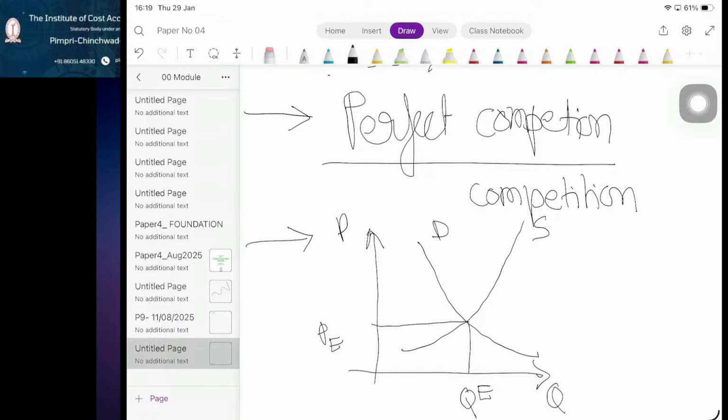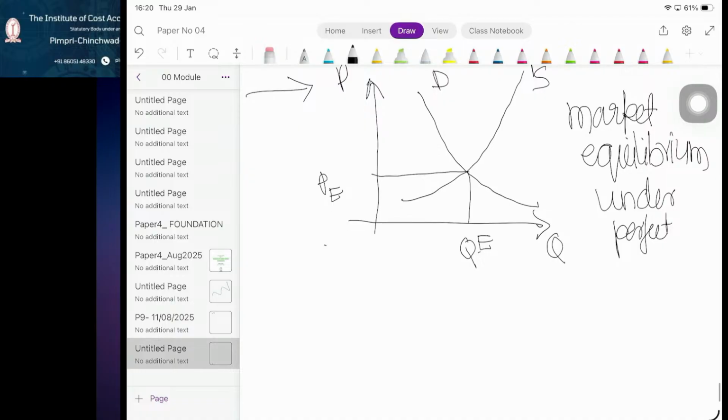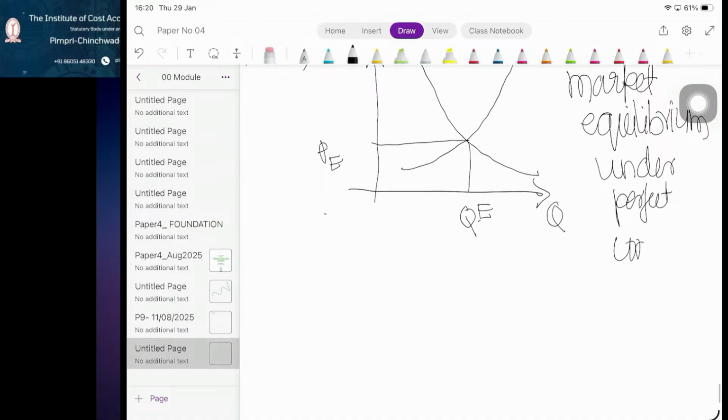So this equilibrium price and quantity is what is called a market equilibrium under perfect competition.